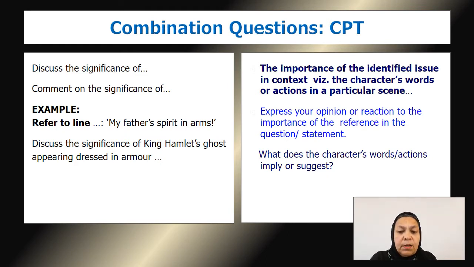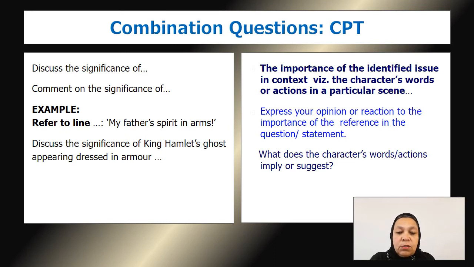Here's an example. They refer to a line, whatever it is, my father's spirit in arms. So here's a quote from the drama. Discuss the significance of King Hamlet's ghost appearing dressed in armor. And so why is it important? We can think of importance as relating to the plot and some of the themes dealt with.